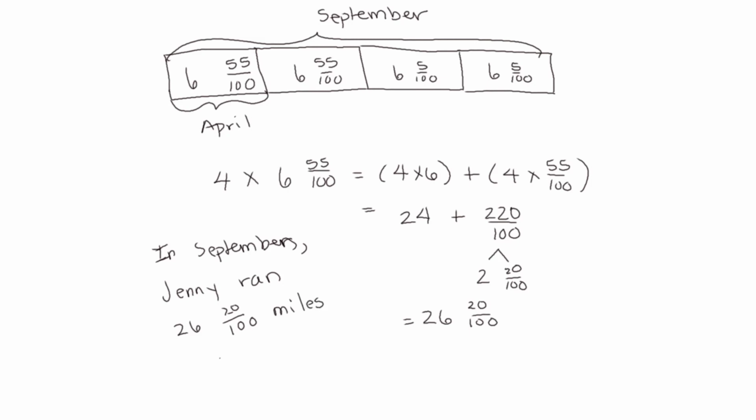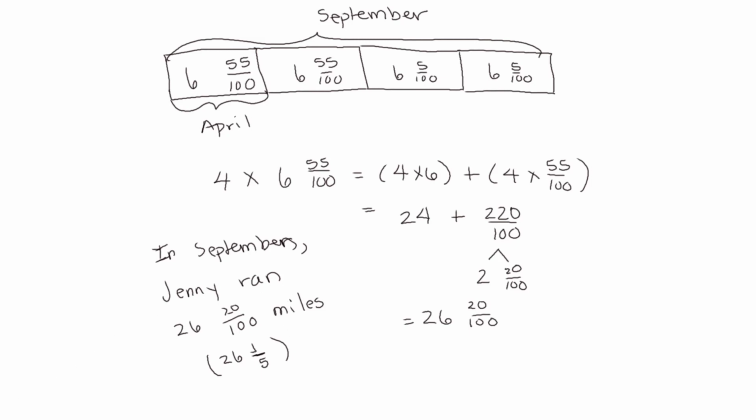And we could simplify 20 hundredths to 1/5. So Jenny ran 26 and 1/5 miles, or 26 and 20 hundredths miles.